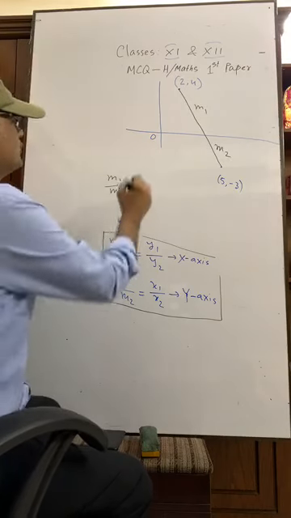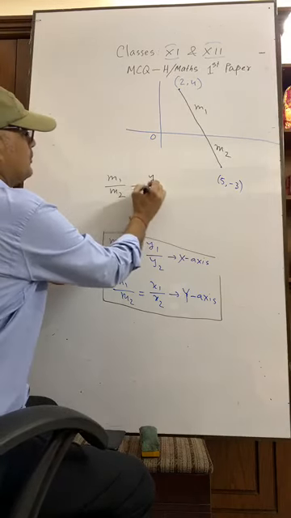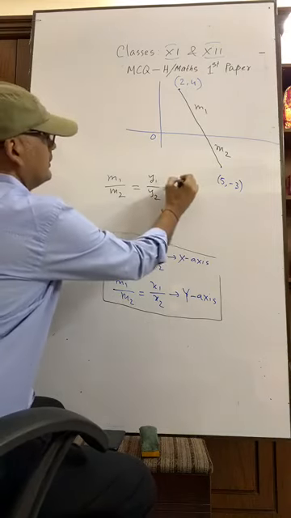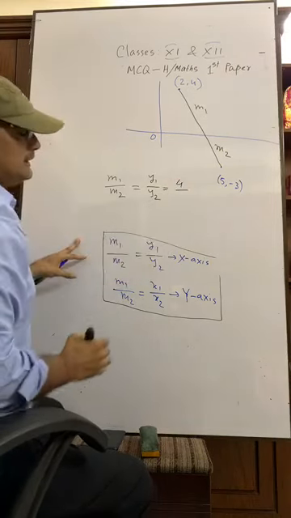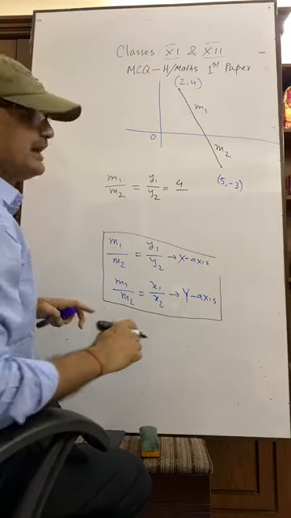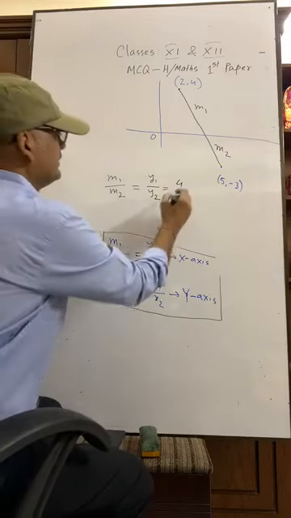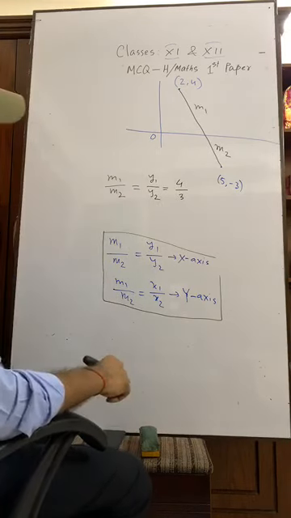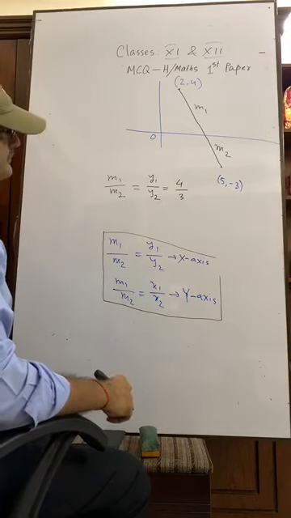Y1 by y2. The formula is y1 by y2. So what is y1? Y is 4. And what is y2? Though it is minus 3, we will not consider the minus. So it is 3. So our ratio is 4:3. Math is done. Okay?